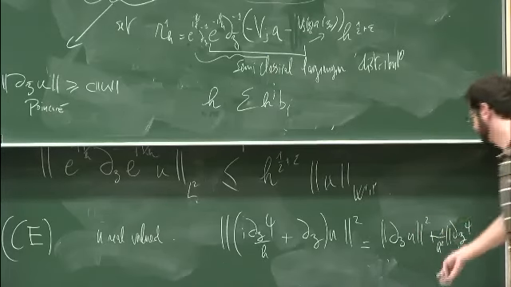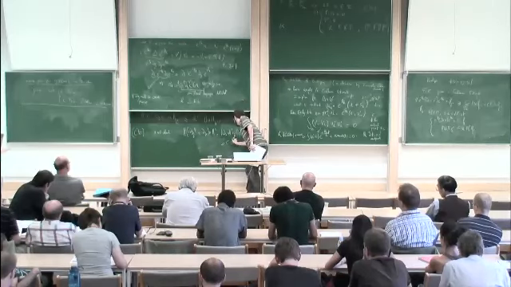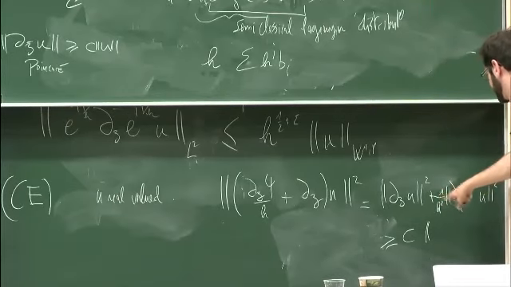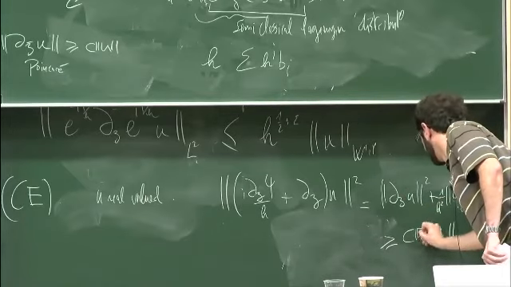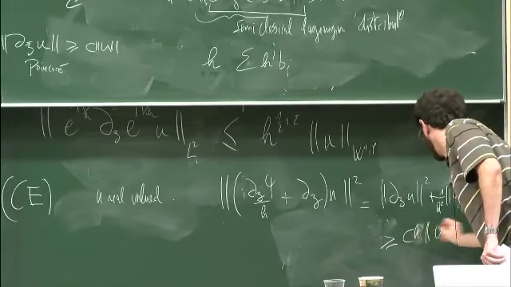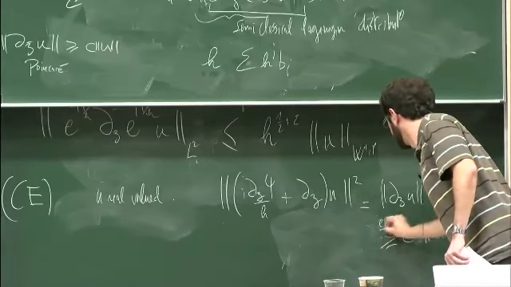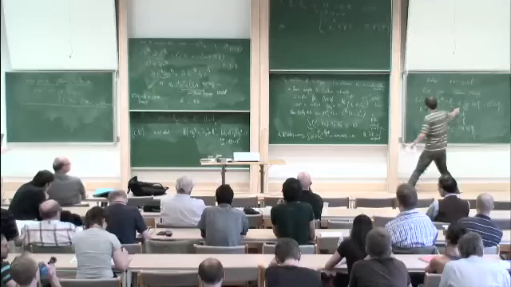And now from this, you can in fact prove, it's a little exercise, that you can trade 1 power of h, by removing this and using this, with Ch because I take the square. So this is a little exercise.